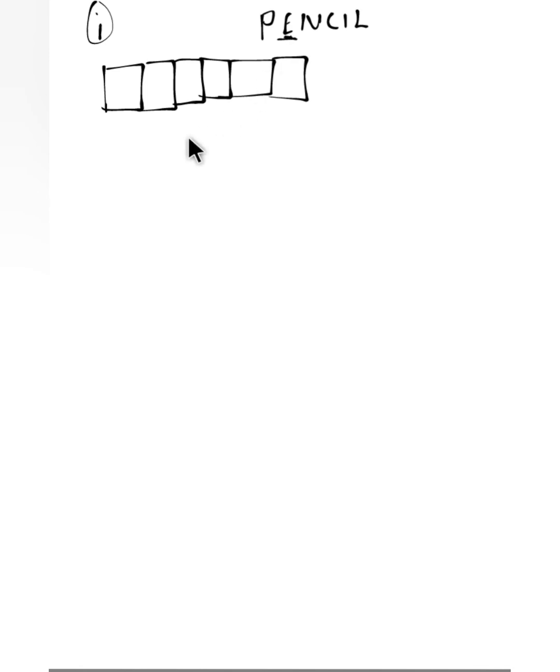So if the words are to begin with E, it means that this first slot must contain only one object, which is E. P cannot appear here, N cannot appear here, neither C, I, or L. It must be E alone because we're looking for words that begin with E. So this second slot can contain any of them. But remember, repetition is not allowed, so E cannot appear here, since E is here already. So we'll be left with 5. It can contain any of the other 5.